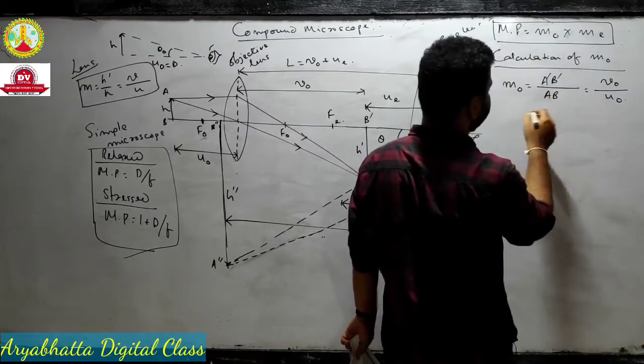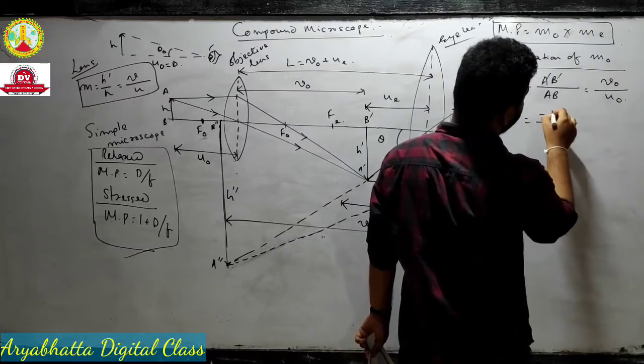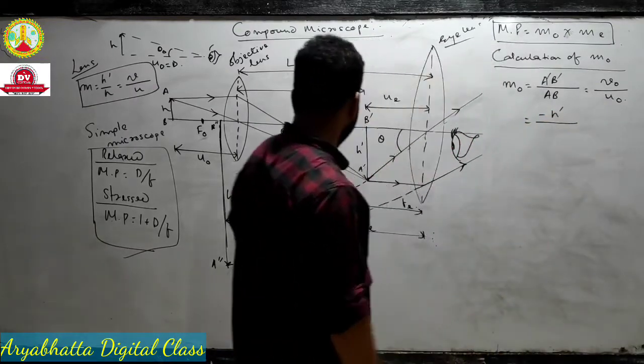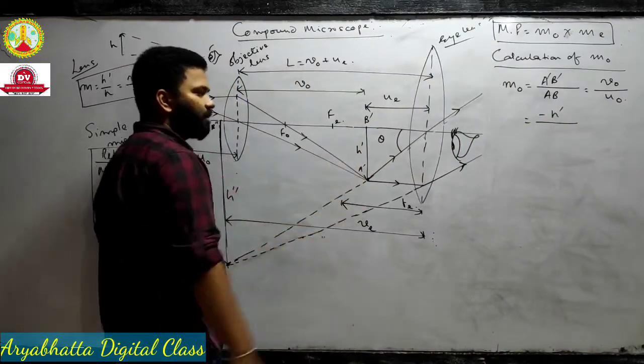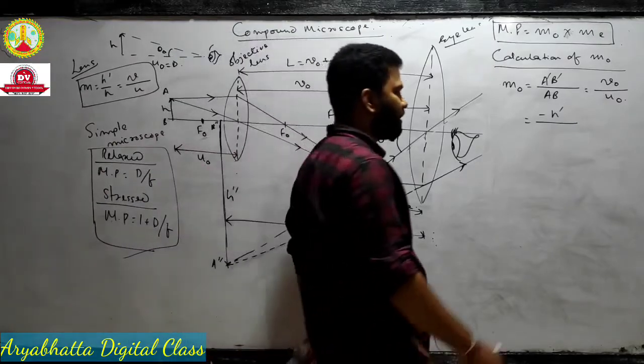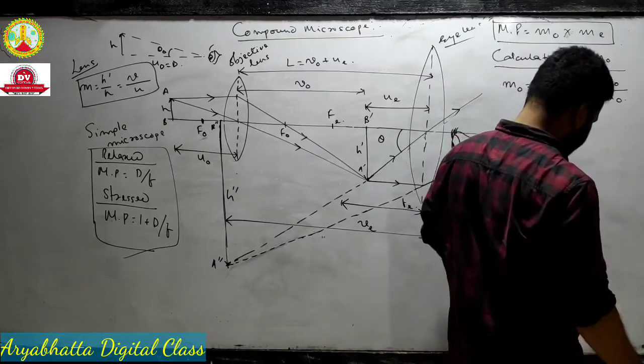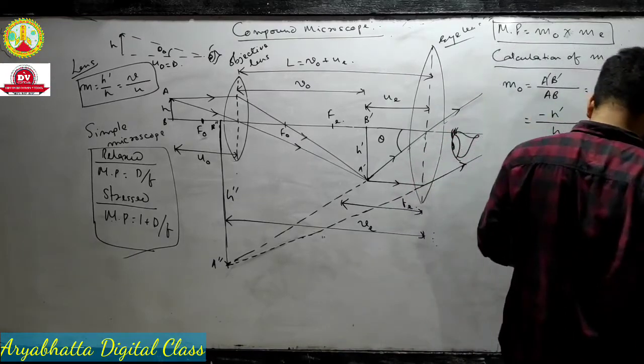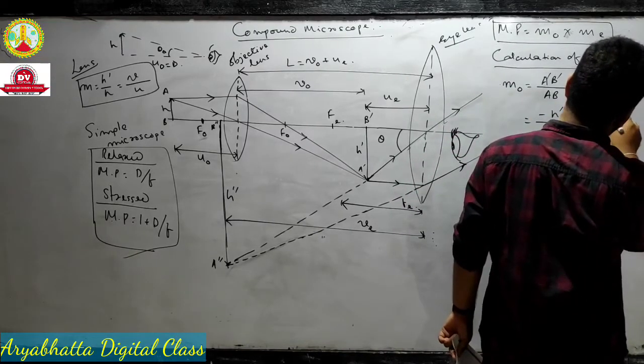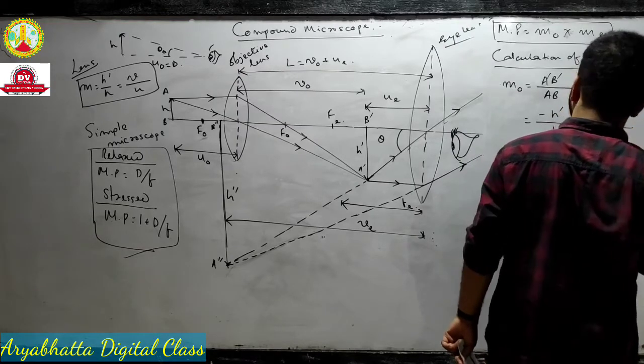What is A dash B dash? A dash B dash is equal to minus of H dash, the height of the image, minus H dash below the principal axis. And AB is equal to H. This is equal to V naught divided by U naught.